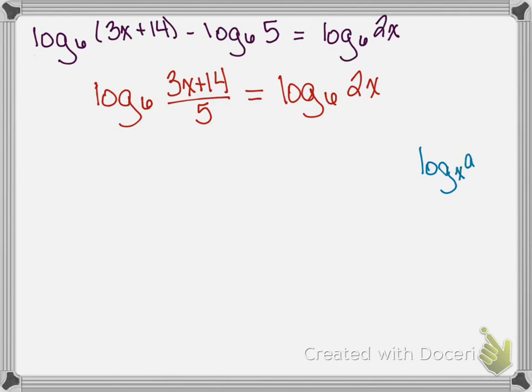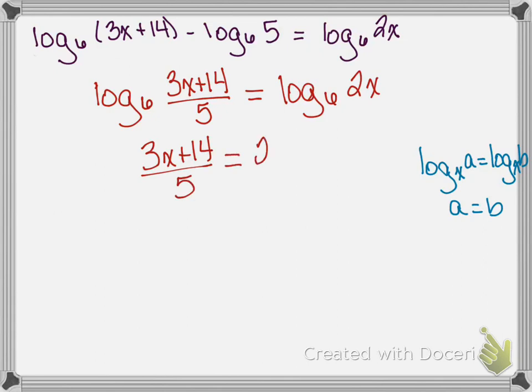Log base x of a equals log base x of b, a equal to b. That's the property that I'm using. Okay? So I can rewrite this as 3x plus 14 over 5 equals 2x. Okay?